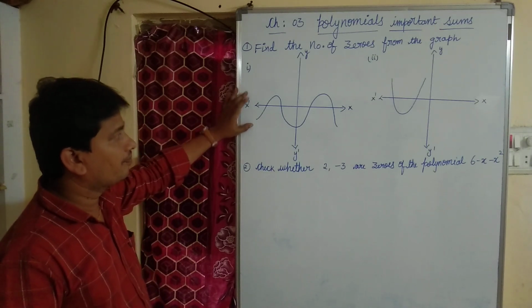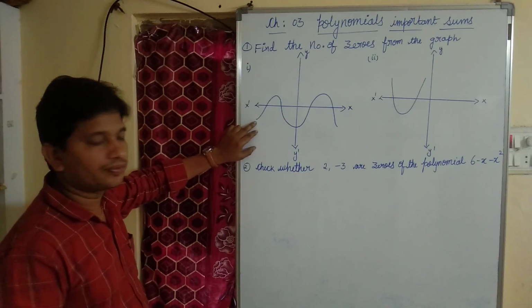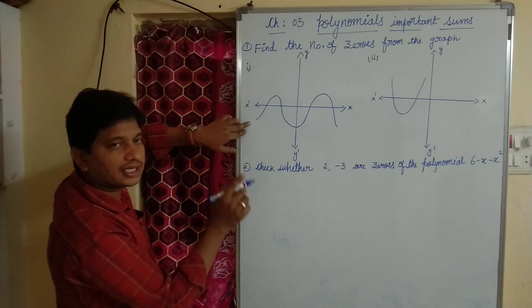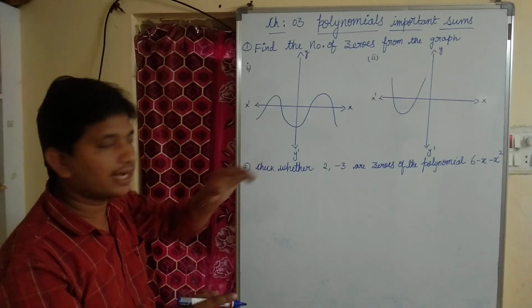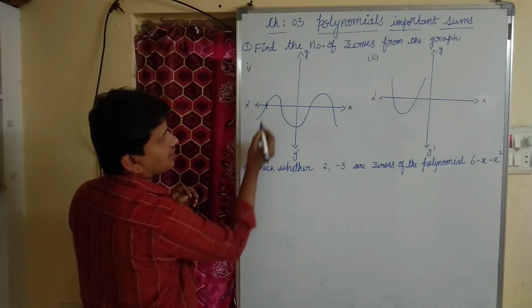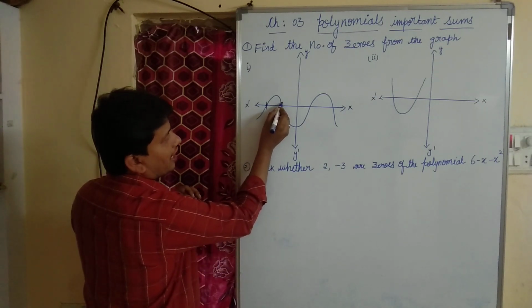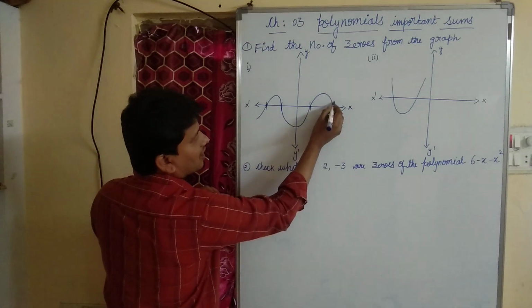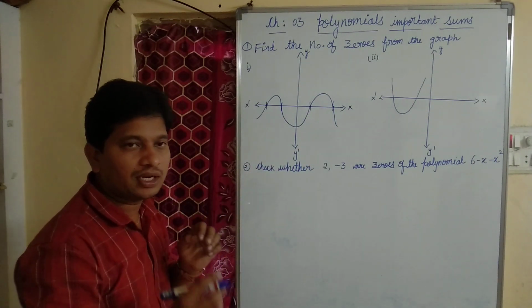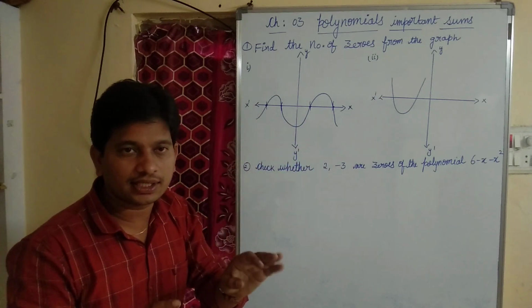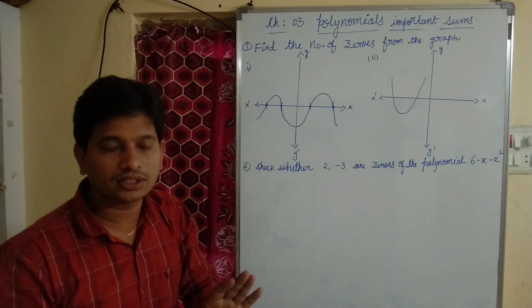If you observe the first graph, which is intersecting the x-axis at how many points? This graph is intersecting the x-axis at this point, as well as this point, as well as this point, as well as this point. I mean, the graph is intersecting the x-axis at 4 different points.